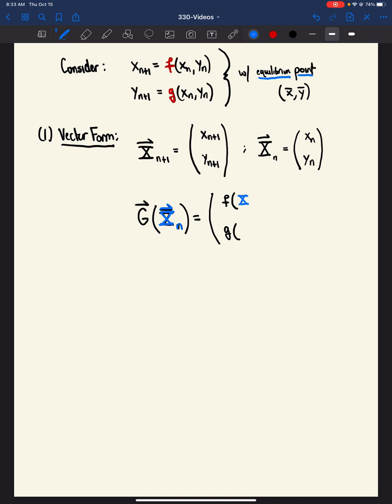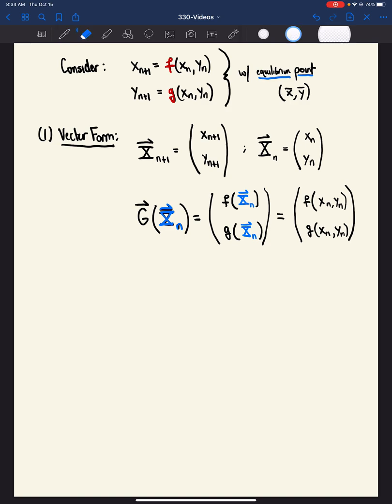Since those component functions, f and g, depend on all of those values, x n, y n, etc., we could write that very compactly in a vector notation. But just so we're all on the same page, what that really means is we need f of x n, y n, etc. Just to show you how we can vectorize this entire system.